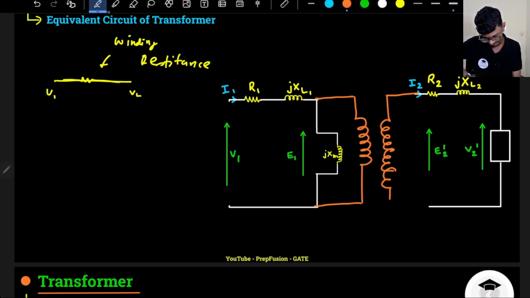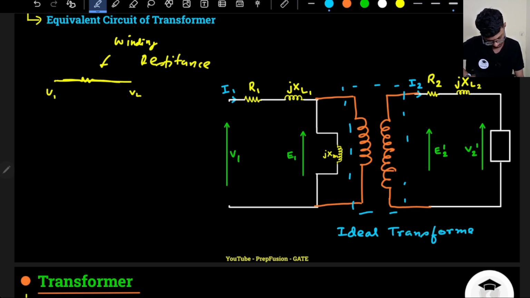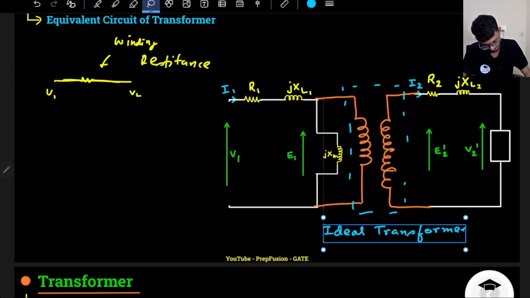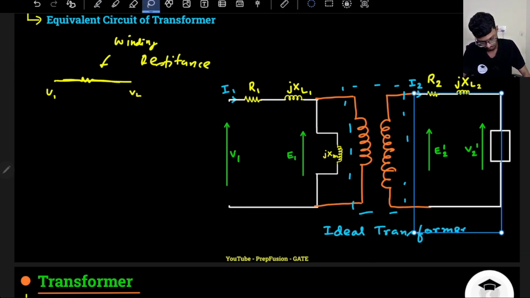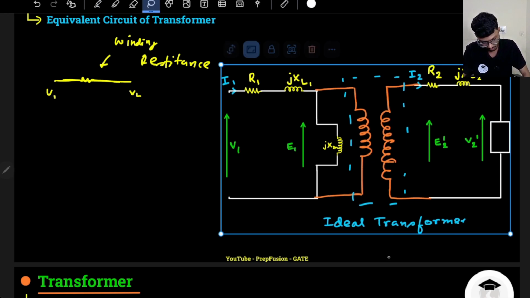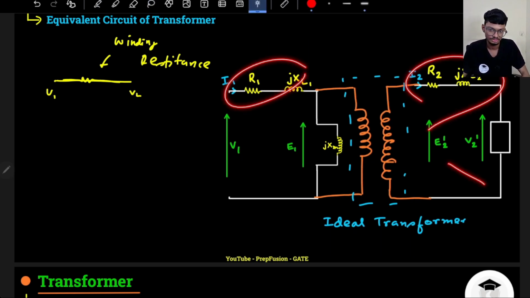Sorry, I know my drawing is pretty bad. So this will be the ideal transformer here, and all these are the practical elements.